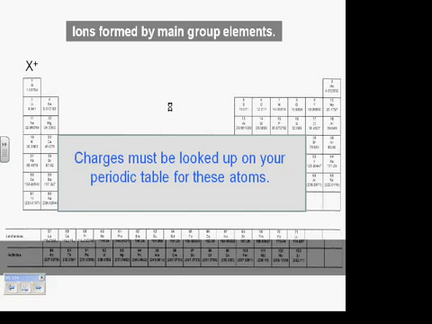All of them will form +1 charged ions. And in the second family, we've got a situation where they've got 2 valence electrons. They can either find 6 to steal so they can have 8 valence electrons, or they can clean out those outside 2 and go back to having a full level underneath them, and that's easier to do, so they'll lose 2 and form +2 charged ions.